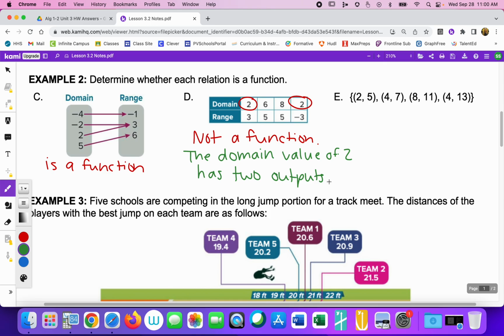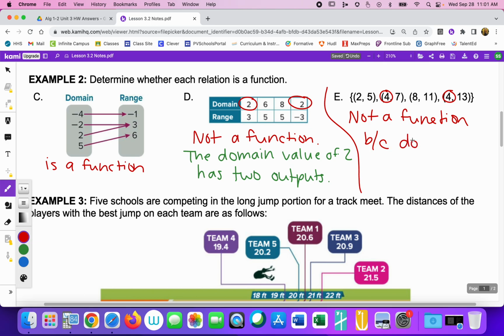What about E? No. Why? 4 repeats. Domain value of 4 would repeat. So this one is not a function. Because, so if you were to explain, again in the notes we didn't have to, but I want to give you an explanation in case, because you could abbreviate to BC.